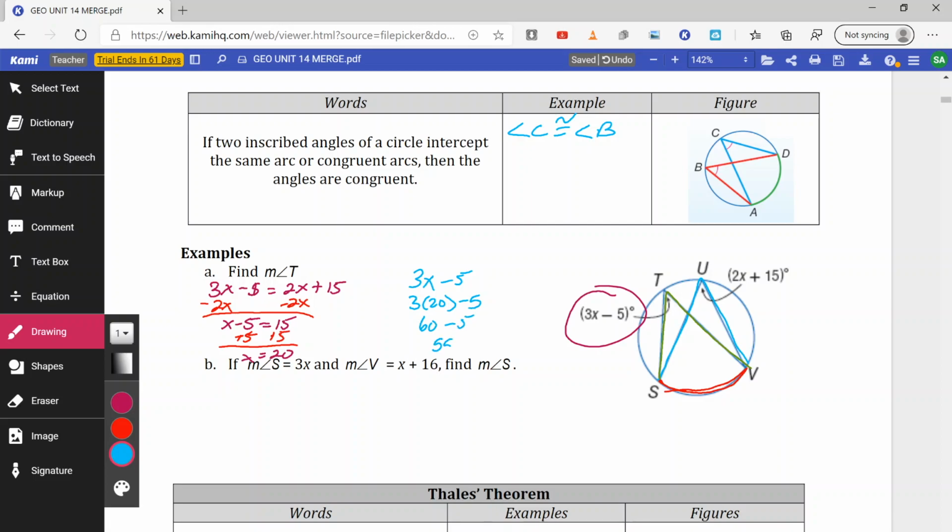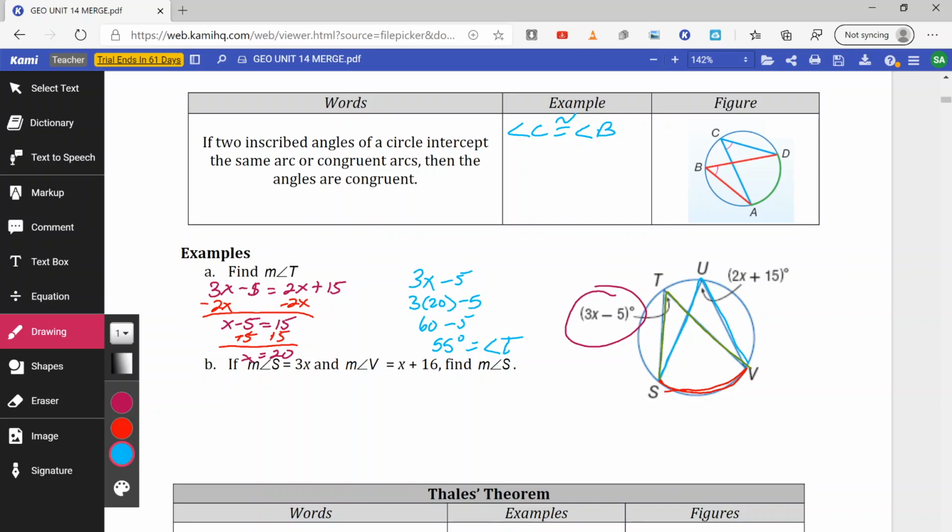Subtract 5, and I get 55 degrees equals angle T. So therefore, once again, inscribed angles that share the same arc will have the same measure. So that's why I was able to set them equal to each other, solve for x, input it into the expression, and therefore find angle T.